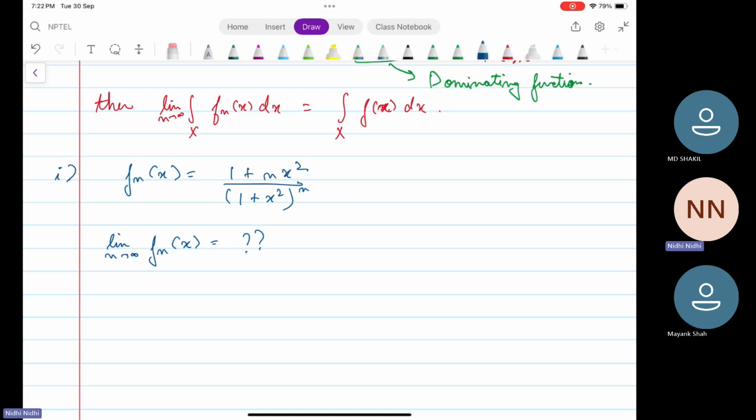Okay, so you are getting 0 as the pointwise limit. So yeah, using L'Hopital's rule, for x equal to 0, this will be 1.